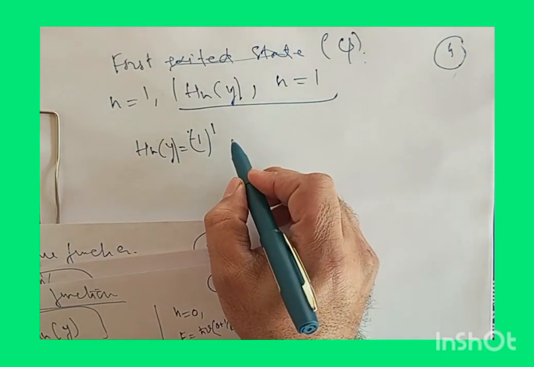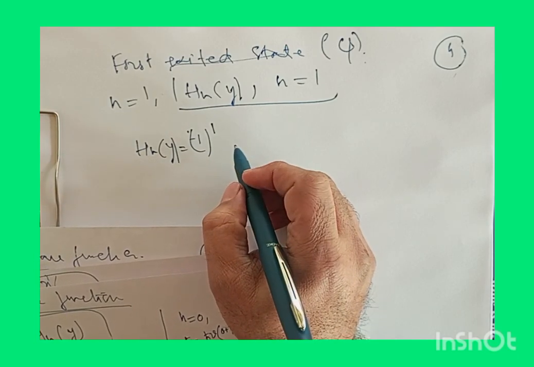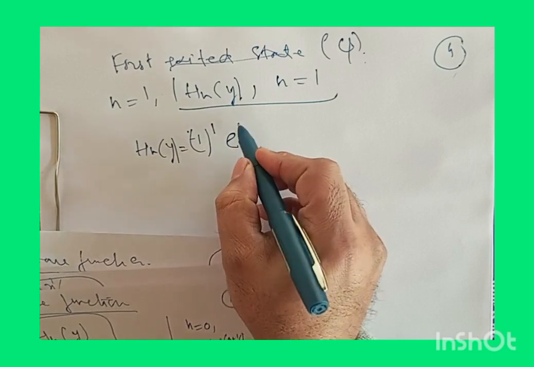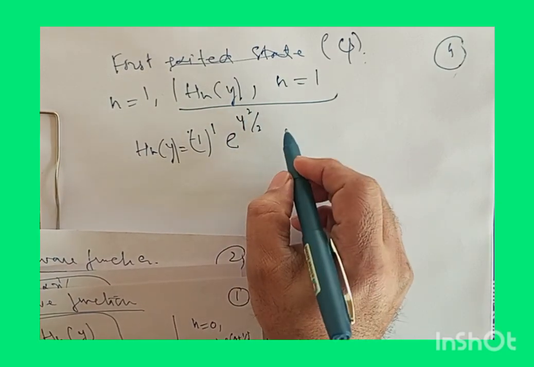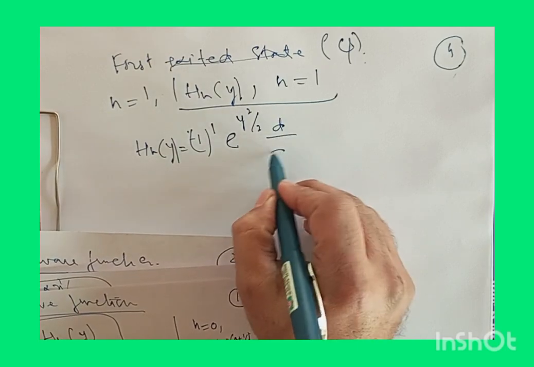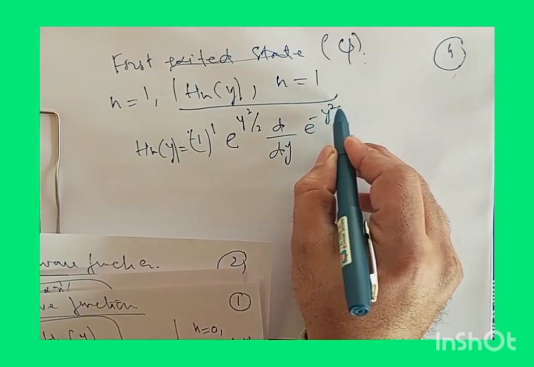Then I will have e to the power of y square by 2. Then I will have the differentiation of e to the power of minus y square.